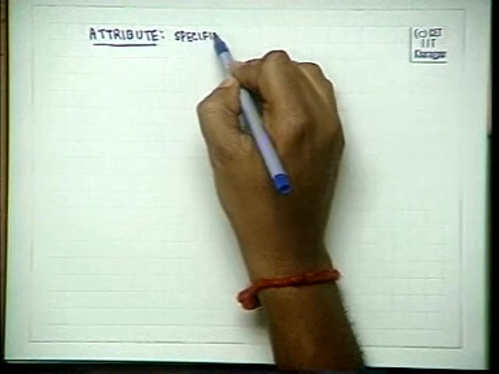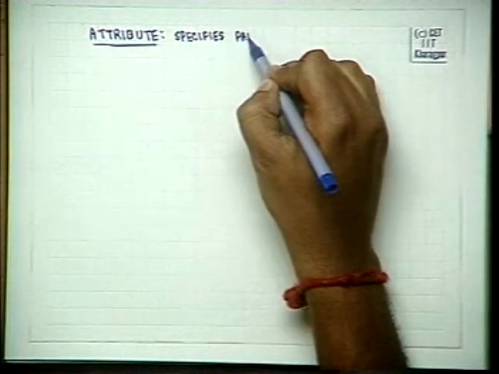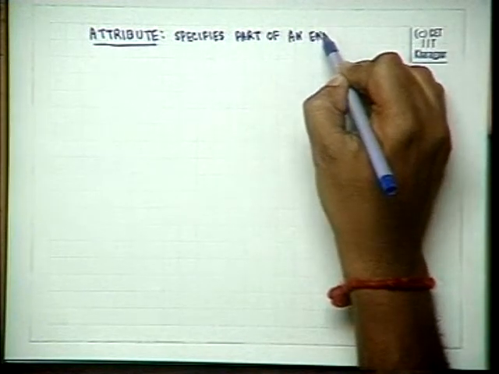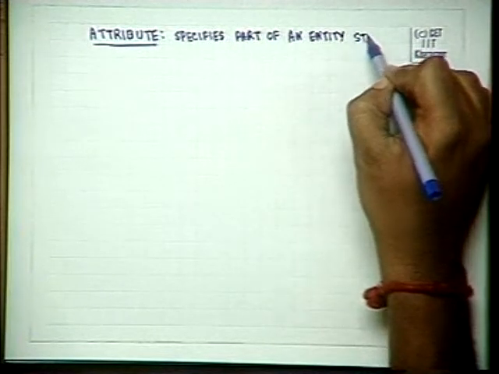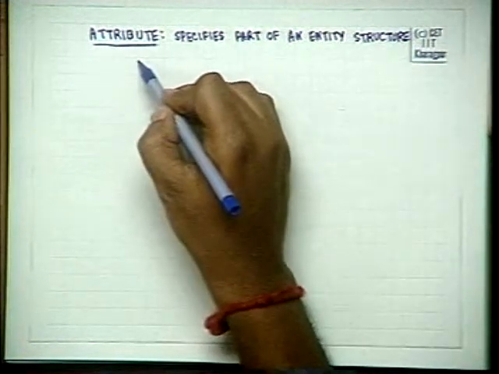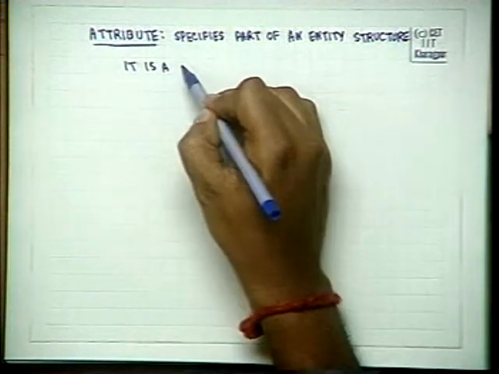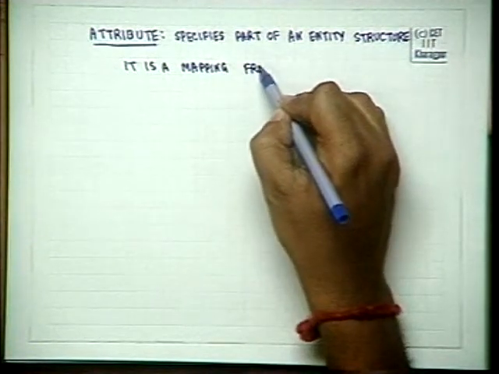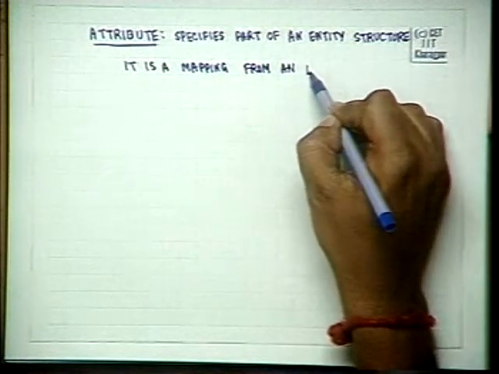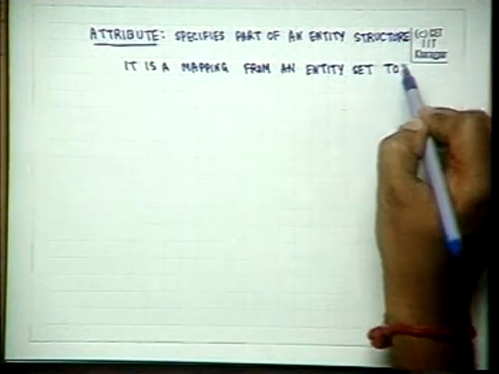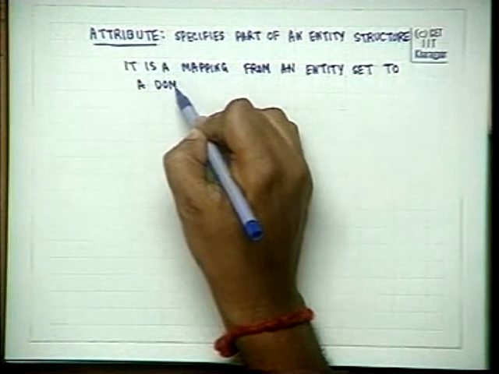It specifies a type, part of an entity structure, and it is a mapping from an entity set to a domain of values.